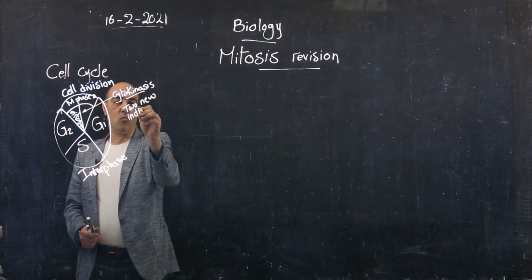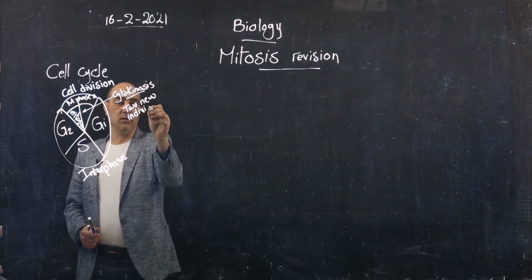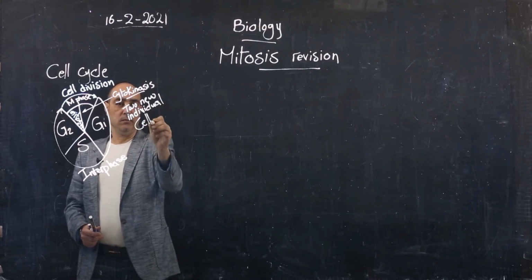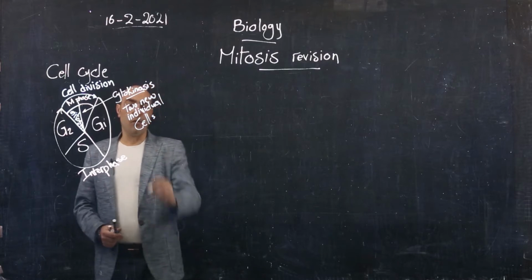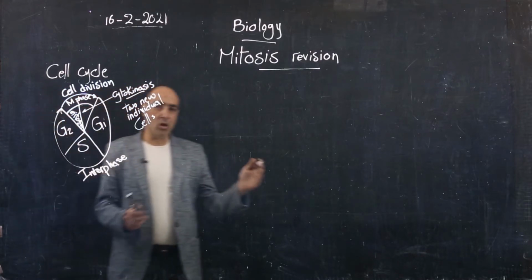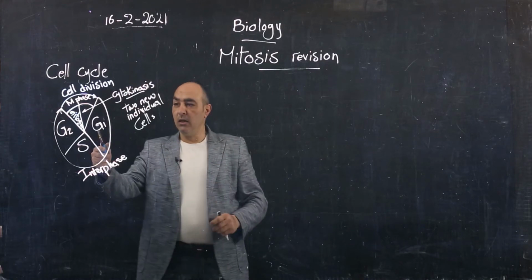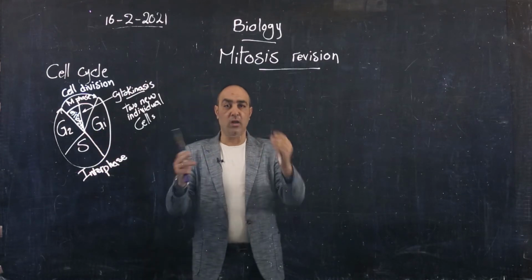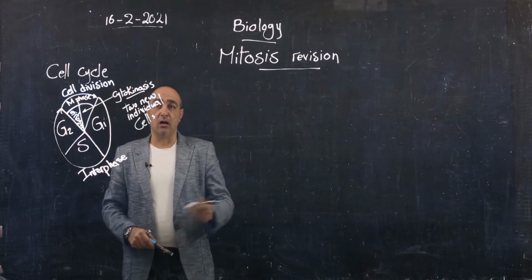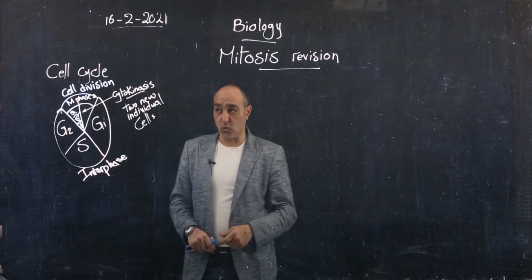So from 1 cell you will have 2 cells, and these 2 cells are the new cells which are produced.